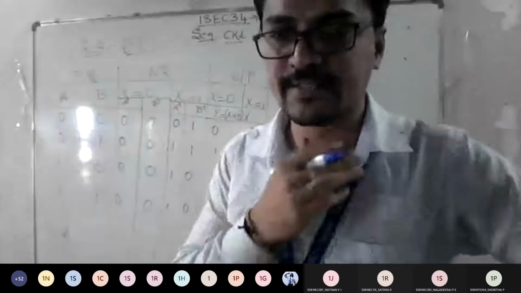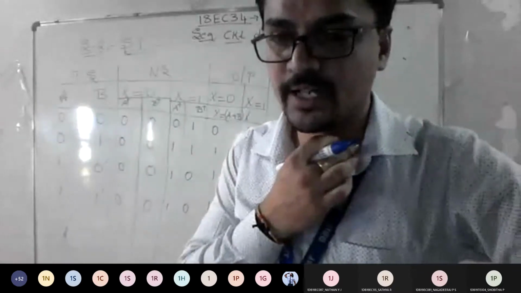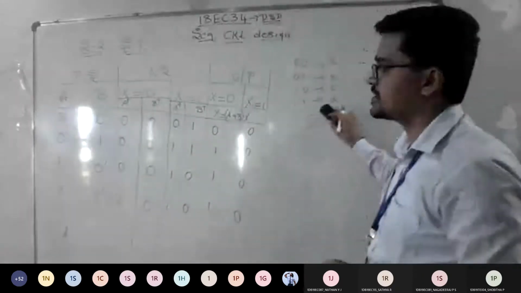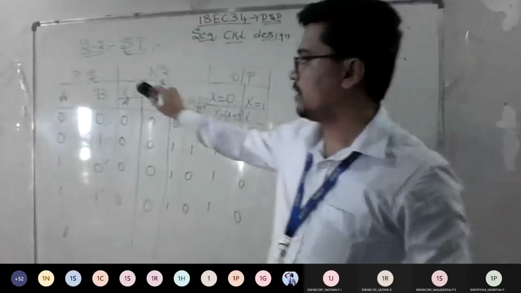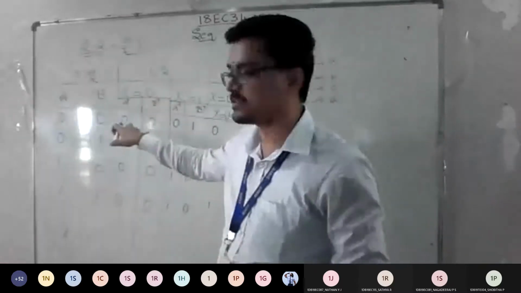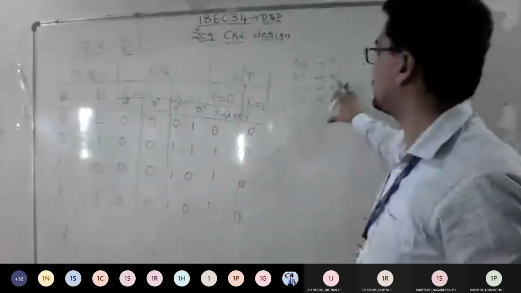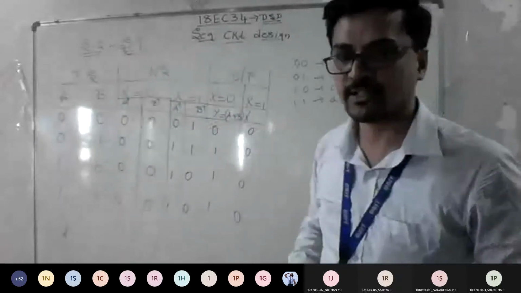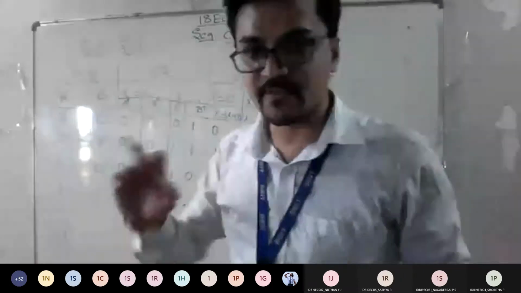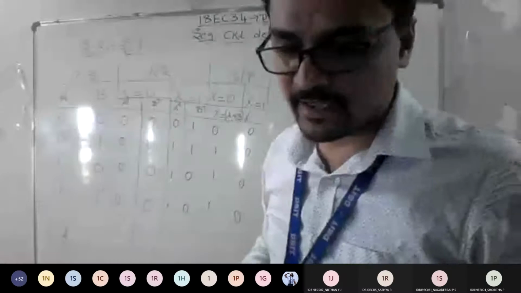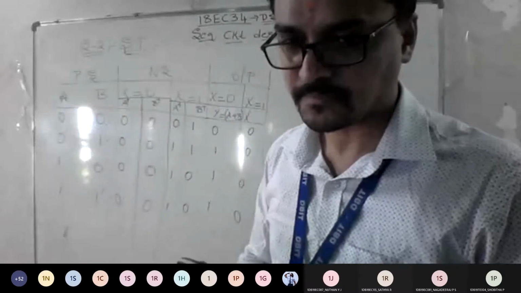It will tell you what exactly you are supposed to draw. Make sure the present state is not like the 0 0 1 combination; it should be like A, B, C. Am I clear to everyone? Yes, sir.